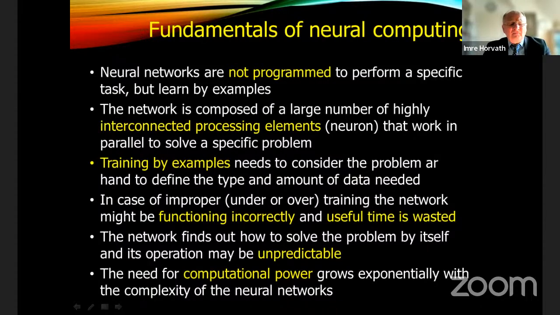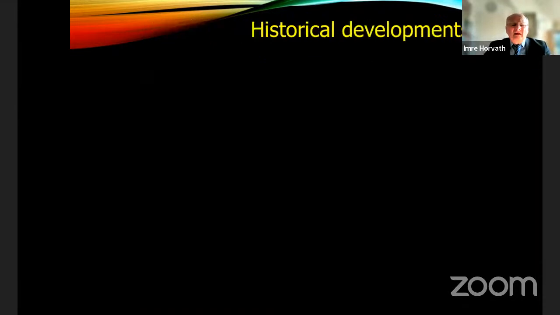Simply put, it means that the larger our neural network, the more elements are included in the network and the more connections are activated, the higher is the need for computational power.